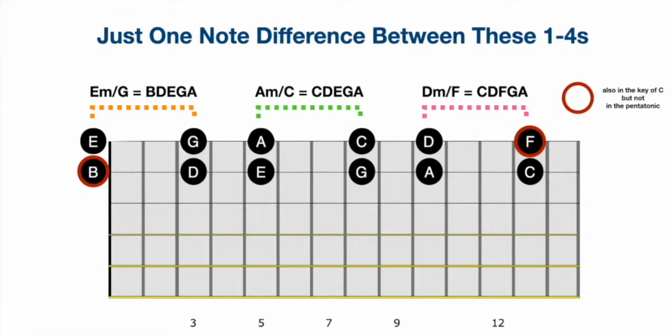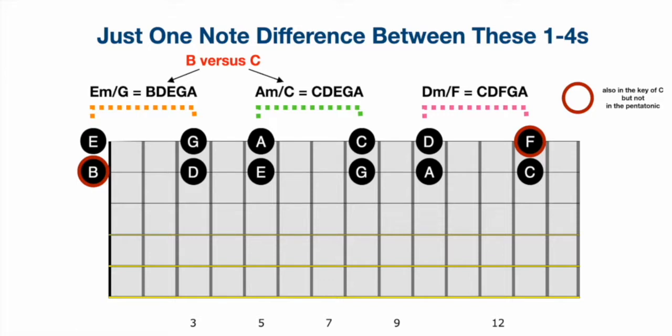And here's some useful things to think about. This is just an example of how these 1/4s are important. If you look at the C and A minor pentatonic scale, the notes in there are C, D, E, G, and A. If you go to the lower 1/4, that's the E minor or G pentatonic, and the only difference is one note.